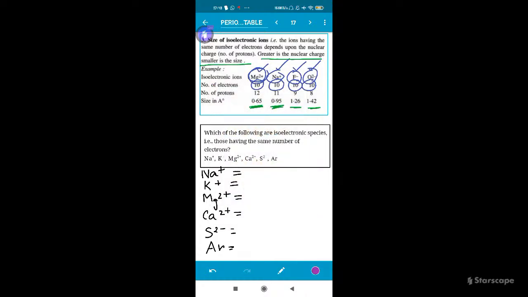So sodium ion, sodium has 11 electrons in all, but one electron has been lost, so it will be 2, 8. That means 10 electrons. Potassium ion, potassium is 19. Now it has 18 electrons. Magnesium 2+, magnesium has 12 electrons, but now 2 electrons have been removed, so it has 10 electrons.